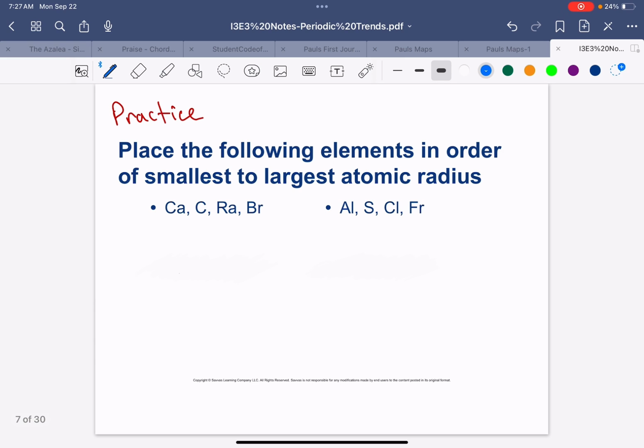So let's practice. Place the following elements in order from smallest to largest atomic radius. So smallest over here and largest over here. If we're looking at the periodic table, the one that's up and to the right would be the smallest. So I think carbon is up and to the right. You can take a look at your periodic table. And then after that, I believe it would be bromine.